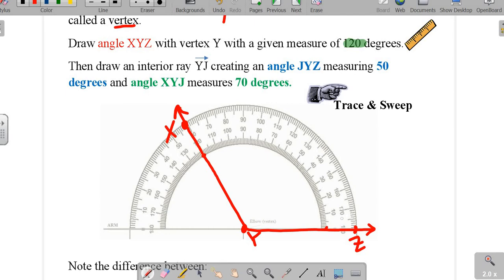That's 120 degrees. We're going to draw an interior ray, YJ, creating JYZ, measuring 50 degrees. So an interior ray means in between, and that's YJ.